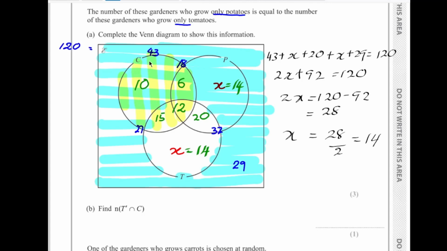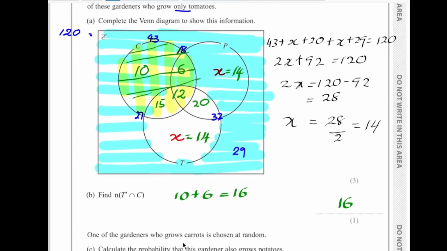Common region is, can you see only this part? Which becomes as 10 plus 6, 16. So the answer becomes as 16. The region that represents the common part for T complement, which is not T, and for C is this part.